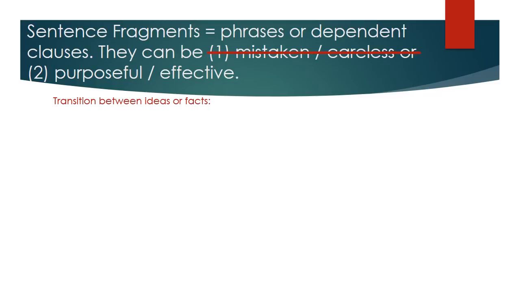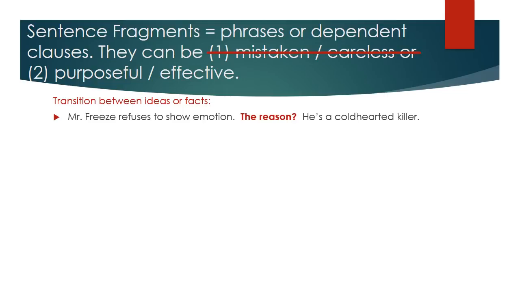So if we look at this example, Mr. Freeze refuses to show emotion. The reason? He's a cold-hearted killer. In this case, the reason is a fragment. It doesn't have a subject and a verb. It's just a subject, right?